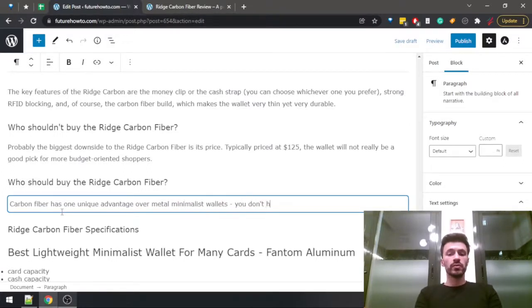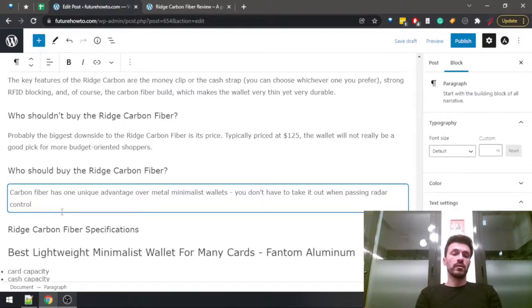You don't have to take it out when passing radar control at the airport, as it doesn't get caught on the, what's it called, for the sensors.